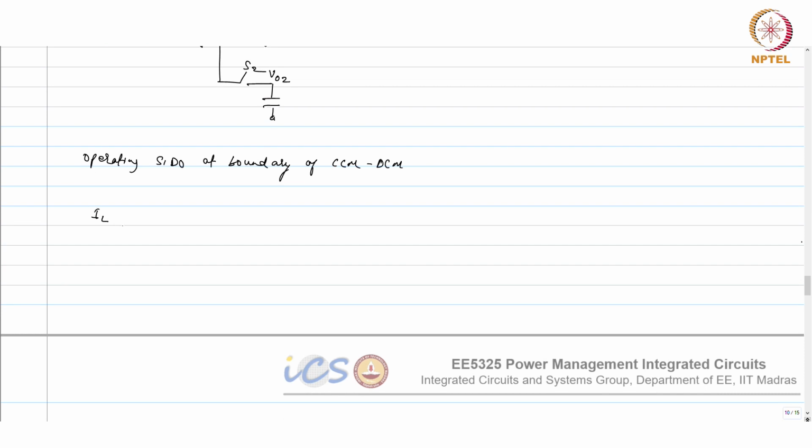So this is your IL. It is going like this. You wait until it goes to zero. See, this is zero, and that is some load current peak depending upon the load.